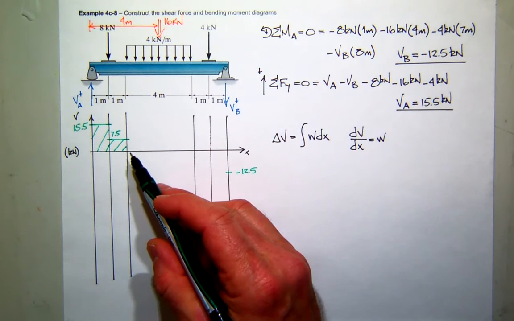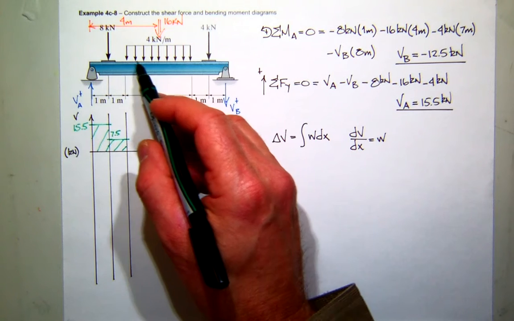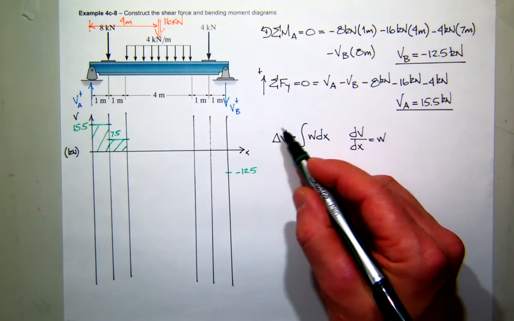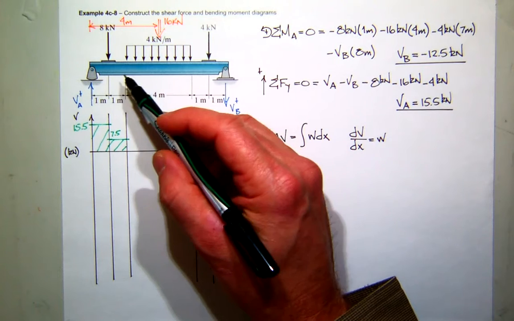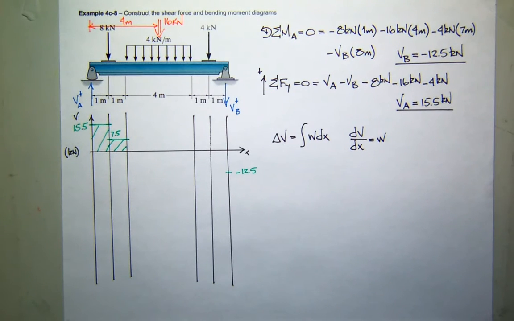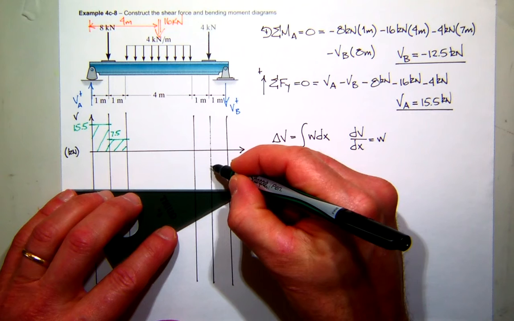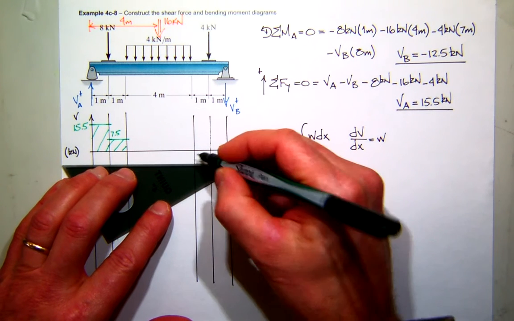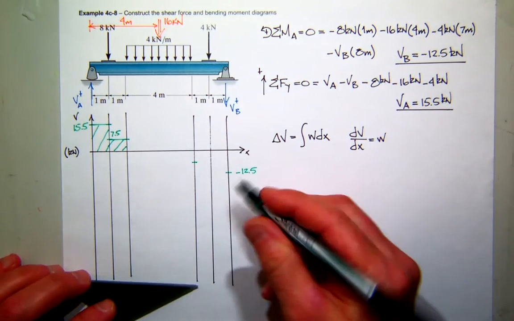Now over this interior 4 meters, you can see I have a nice continuous load. So the change in shear there is given by that area, which is base times height. 4 times 4 is 16. So what's 7.5 minus 16? 8.5?